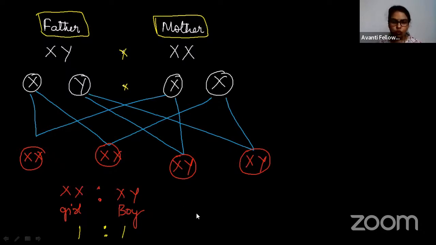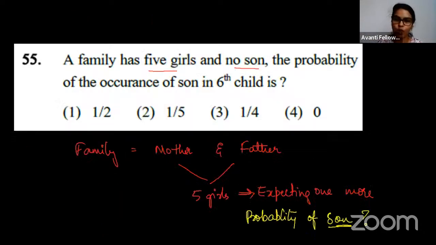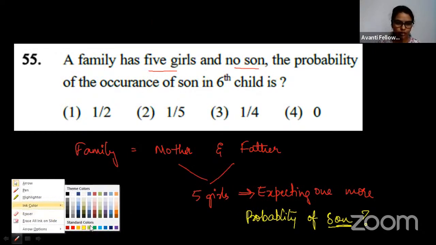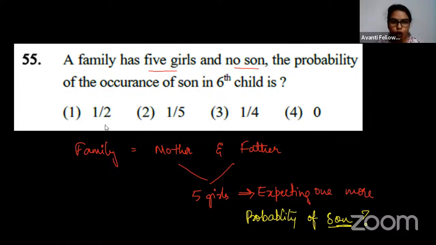So for this, we have to see in this. This is 1, we know that, the 50% chance, that we are considering as the ratio 1. Now we have to understand 1 by what. So 1 by 2 is the correct option. If you see here, they are saying occurrence of 1 by 2, 1 by 5, 1 by 4.